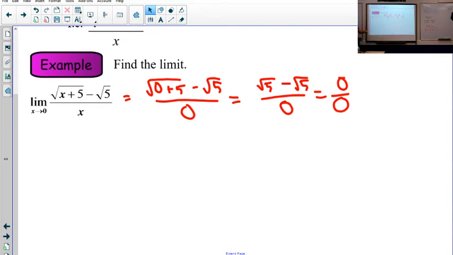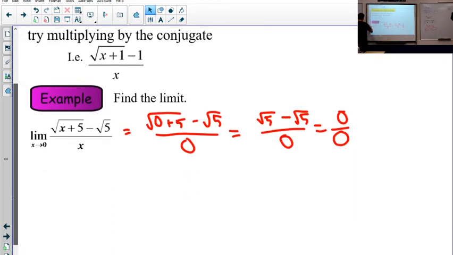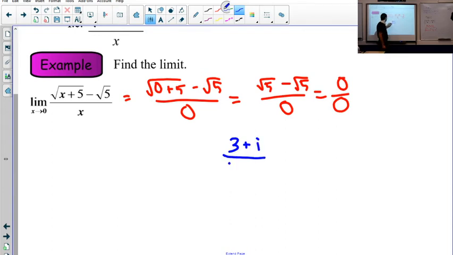But we're not out of luck yet, thanks to our friend, the conjugate. The conjugate you probably heard come up when we did problems with square roots, but also when you did problems with i. So think back to when you were simplifying things like this, maybe 3 plus i over 4 minus i.